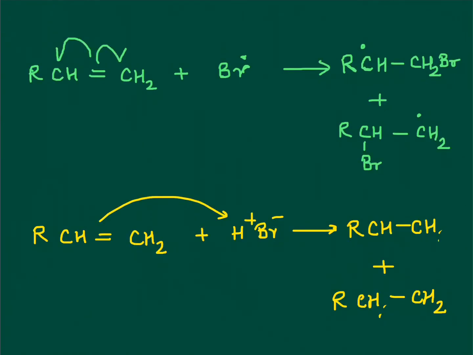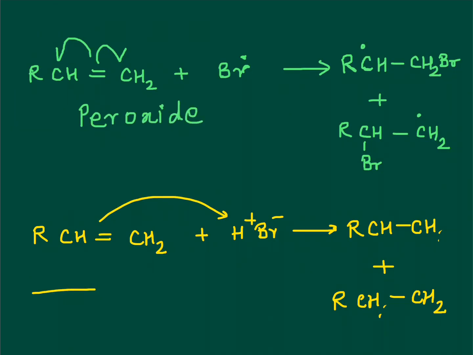To make the points more clear, what I have done is I have depicted the two reaction mechanisms in different colors so that you are able to connect to them. So first case is when you are carrying out the reaction in the presence of a peroxide, which I have put in green, right. As I said, colors help you to remember better.